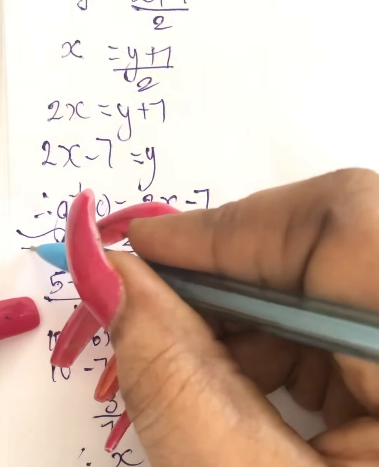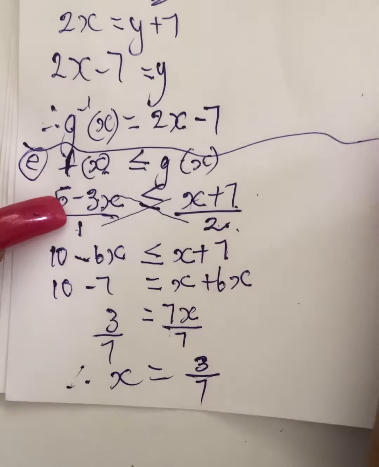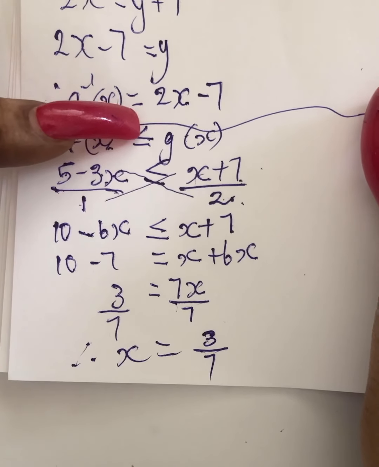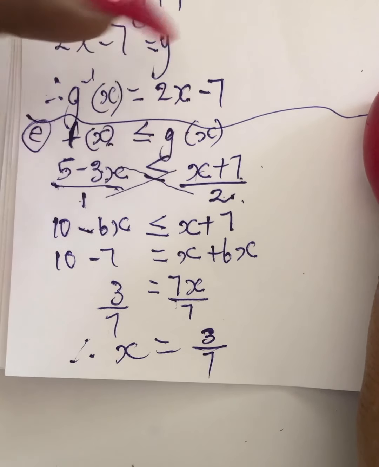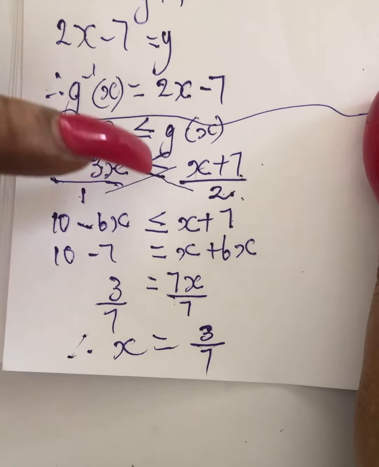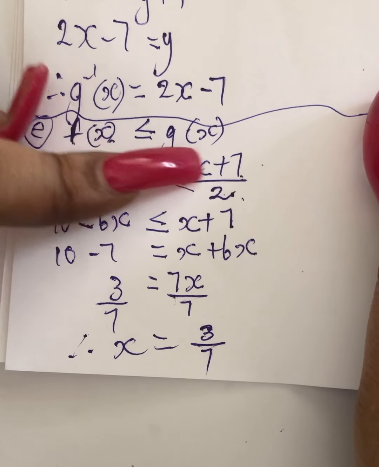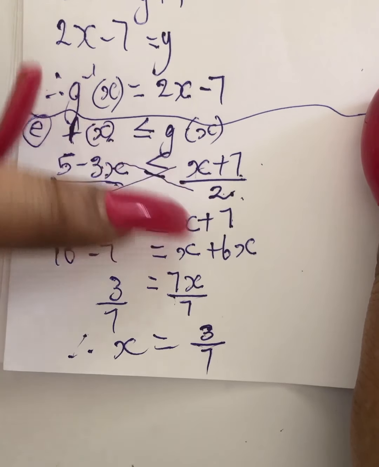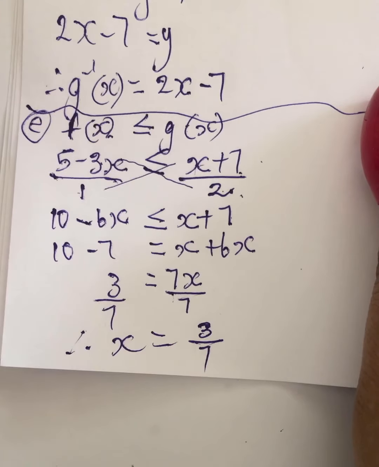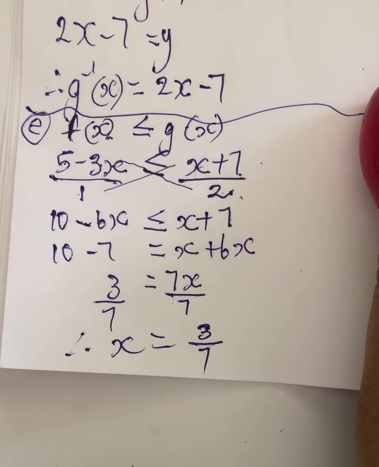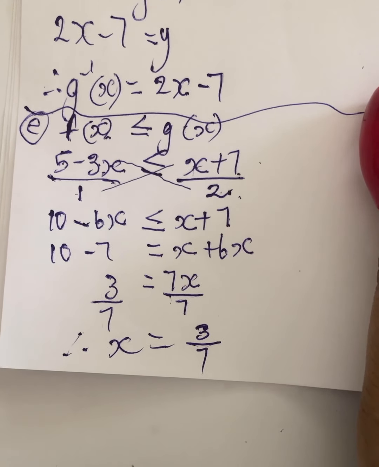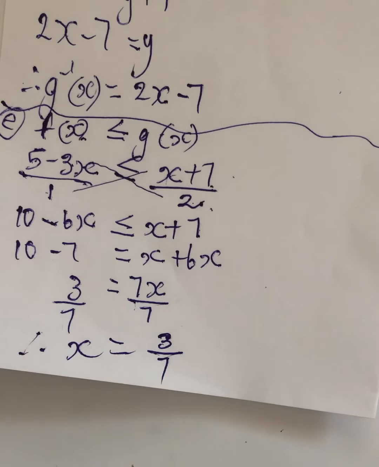And finally, part E had said to us, f of x is less than or equal to g of x. So we write our f of x, we write our inequality symbol, and then we write g of x. And again, we solve it, like a linear equation, to find a value for x. Thank you.